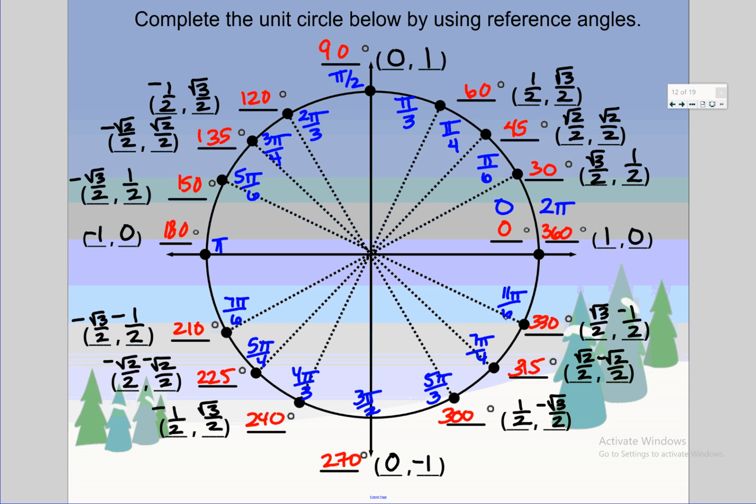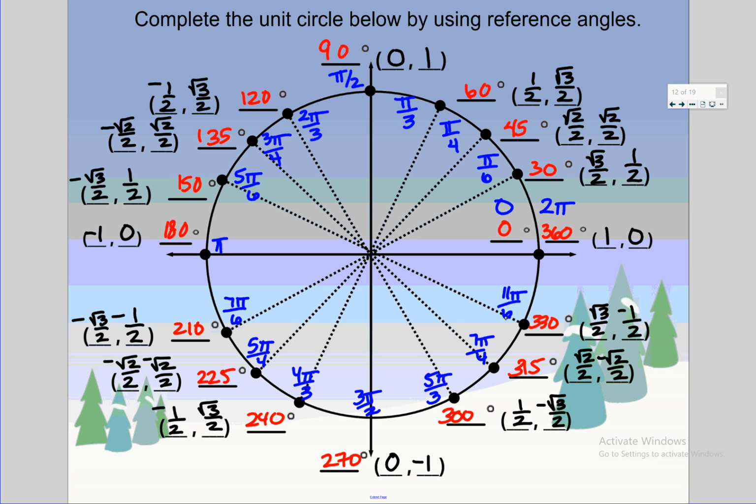Okay. What if I want the cosecant of 270? What's cosecant the reciprocal of? Which function? Sine. Cosecant is the reciprocal of sine. So I want to find the sine of 270 and flip it. What's the sine of 270? -1.